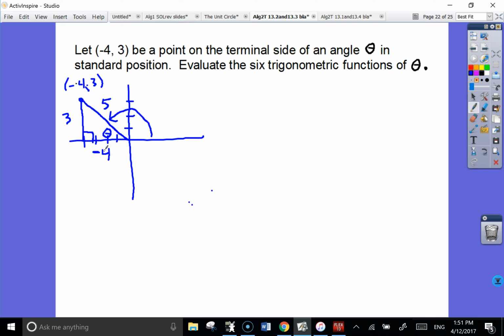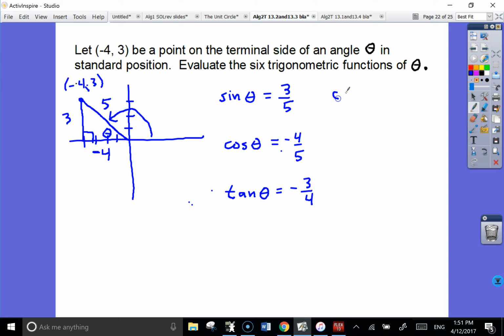Now it says find the 6 trig functions. With that triangle, the sine should be opposite over hypotenuse, 3/5. The cosine should be the adjacent over hypotenuse, negative 4/5. The tangent, opposite over adjacent, negative 3/4.